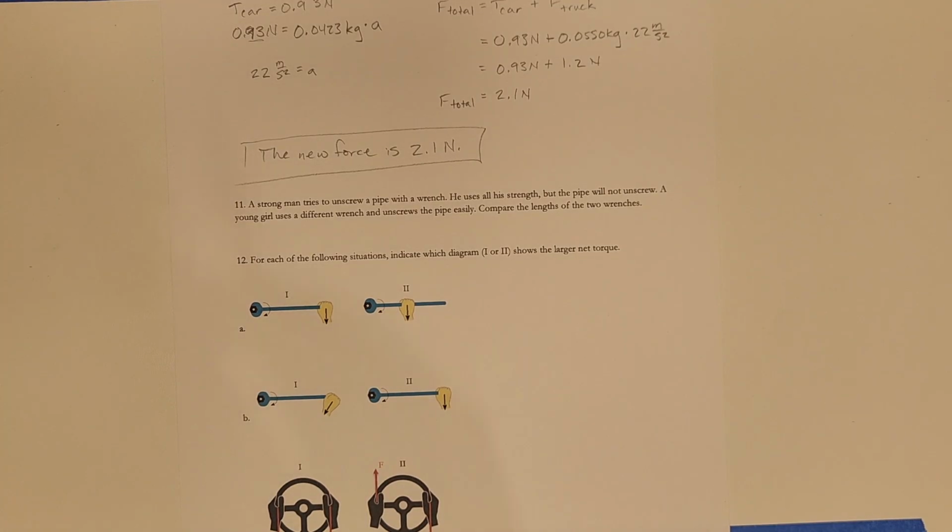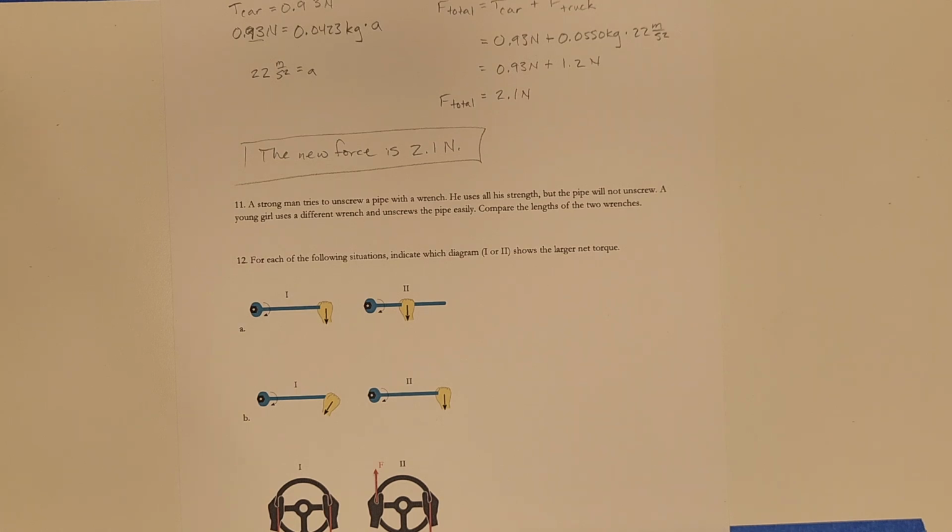For question 11, a strong man tries to unscrew a pipe with a wrench. He uses all his strength, but the pipe will not unscrew. A young girl uses a different wrench and unscrews the pipe easily. Compare the lengths of the two wrenches. Okay, so this is about torque, and the larger the radius is, the more rotational force that you have.